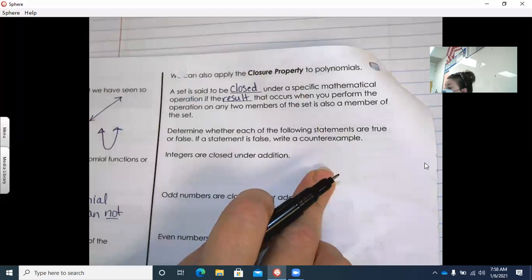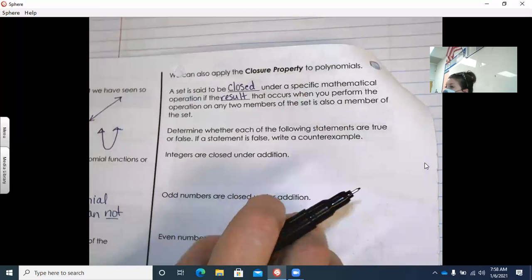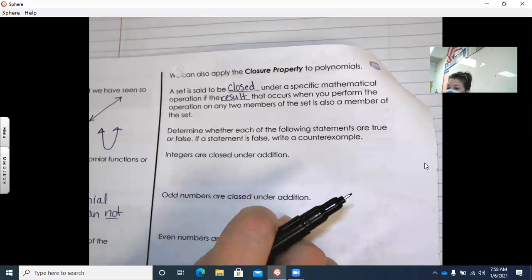So my first example says integers are closed under addition. I know y'all don't like writing and you like to write as little as possible, but I'm going to rewrite this in words that make more sense to us, and you need to do the same so that when you go back and look at your notes, you're not wondering what that means. Integers are closed under addition. I read the definition and I have no idea what that means, okay?